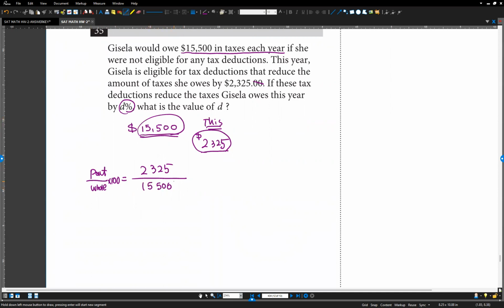We're going to find the percent times 100, so we use a calculator: 23.25 divided by 155, that is 15%. You only have to ask for D over here, right? So 15 is the answer.